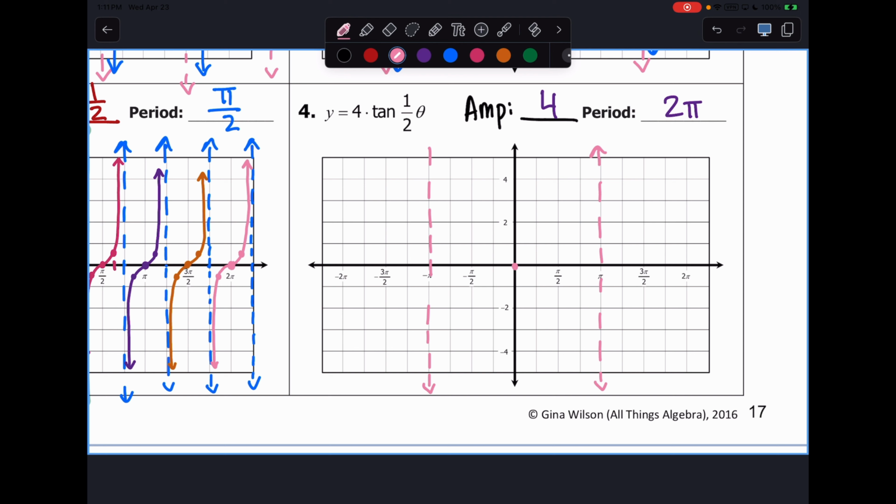And that makes a total of 2 pi between the asymptotes. Does that make sense? Yes? No? Yes. All right. And then halfway between those two would be at half pi. So I'm going to go up 4. So it's a pretty steep one. And down 4. All right. There you go. That's the center one. Rinse and repeat.